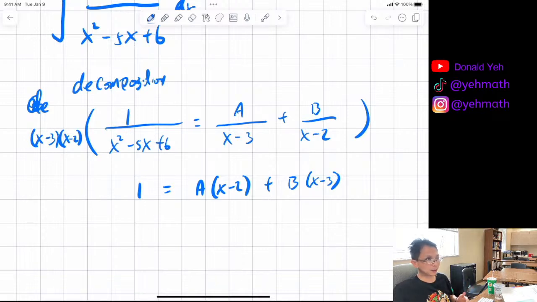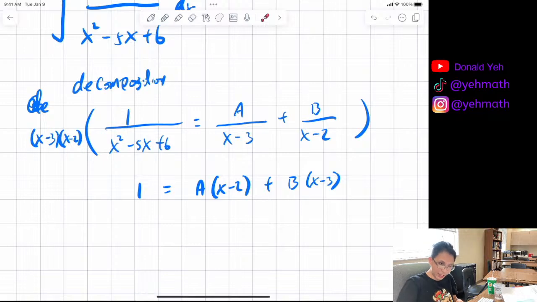Then you're going to plug in some basic values. We're going to assume x is equal to 2. Why 2? Because when x equals 2, this term will go to 0. Or x equal to 3, the second term will go to 0.